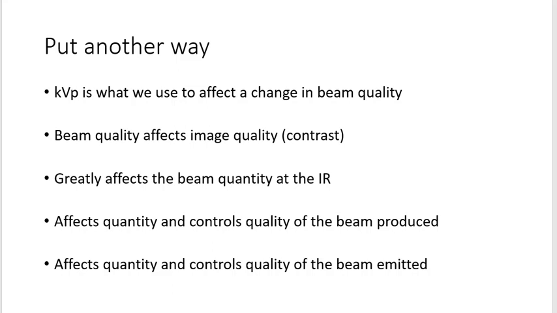As beam quality increases, unfortunately, in a lot of cases, you're going to have a decrease in radiographic quality. An increase in beam quality means an increase in kVp. That comes with a decrease in contrast, which is a reduction in radiographic quality.